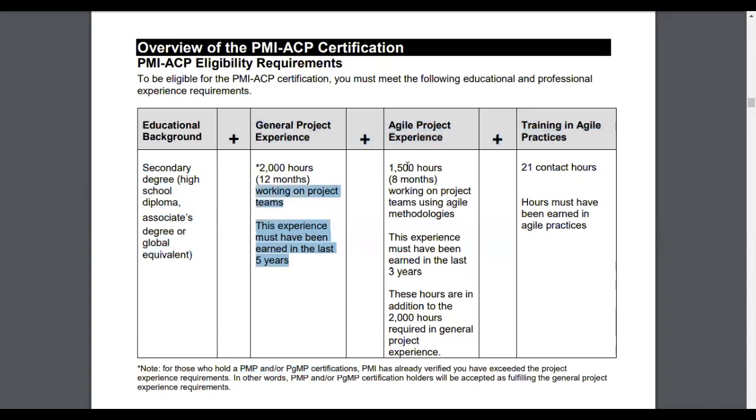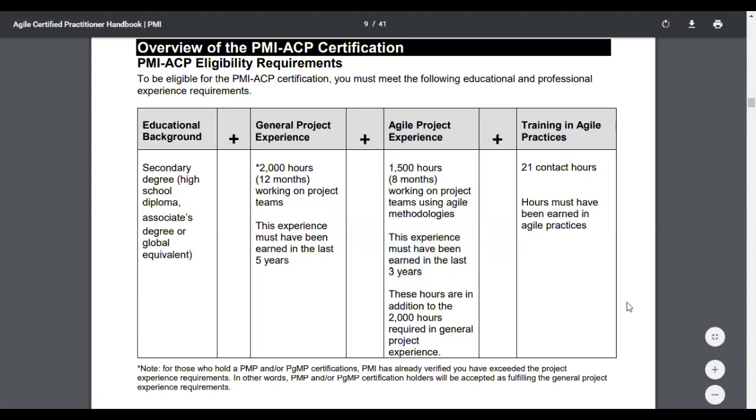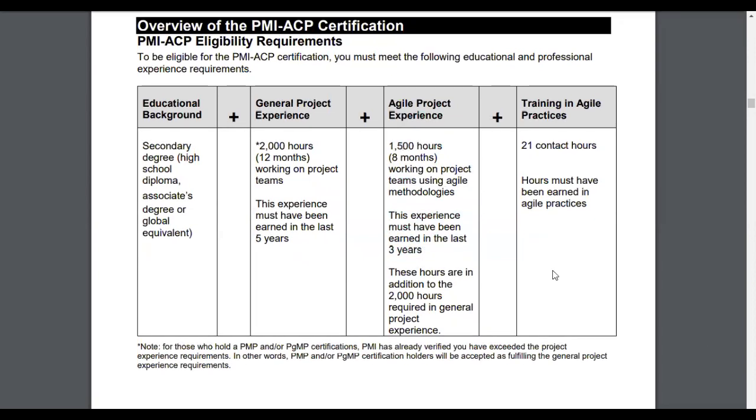What you do need to be concerned about is the 1,500 hours, 8 months working on project teams using Agile methodologies. And this has to be within the past 3 years, no more than the past 3 years. So for some folks who have done the PMP, it might be quite straightforward getting this experience.